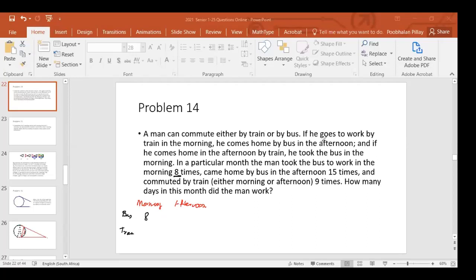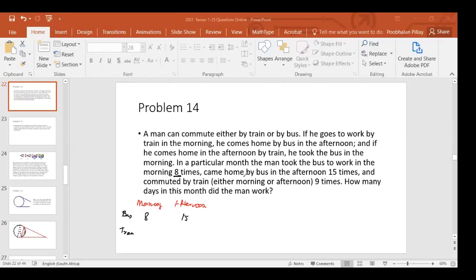And he came back by bus in the afternoon 15 times. So he came back 15 times. So this is a bus in the afternoon.